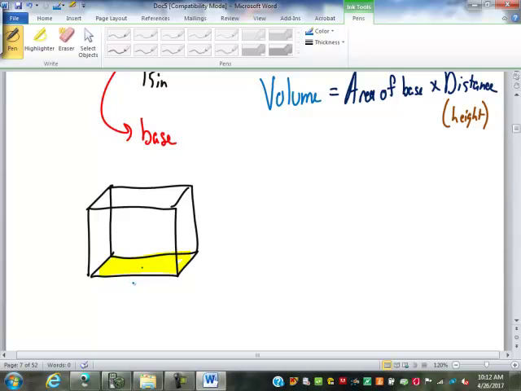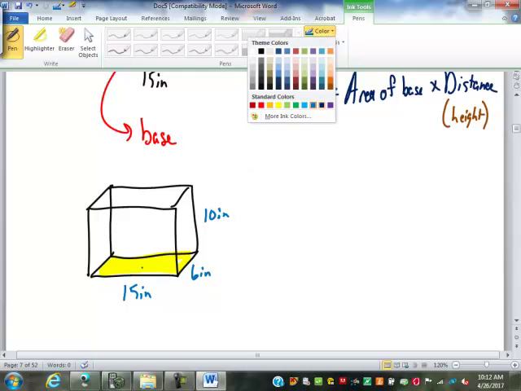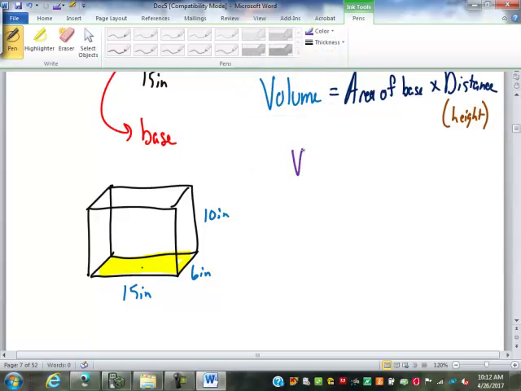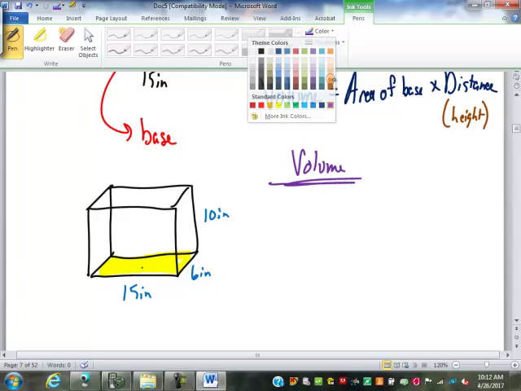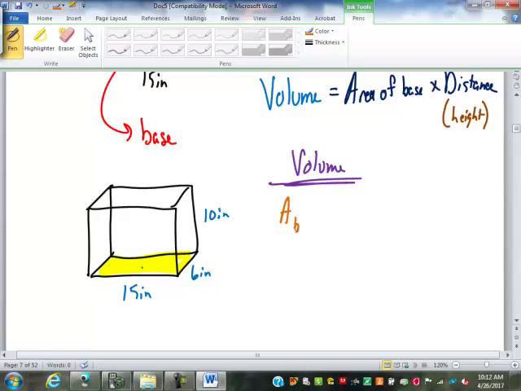So let's say that this side here is 15 inches, this over here is 6 inches, and this is 10 inches. To find the volume, first step we're going to do is find the area of the base. The area of the base is just a rectangle.